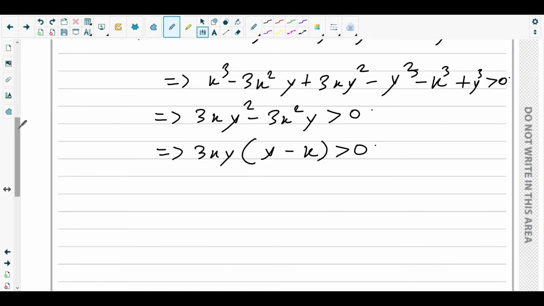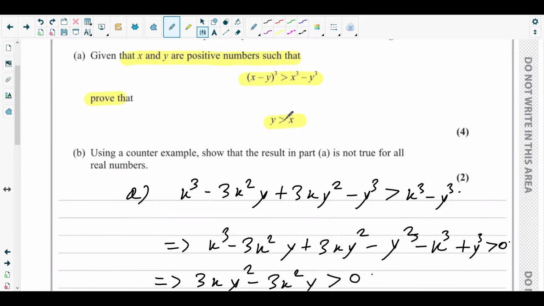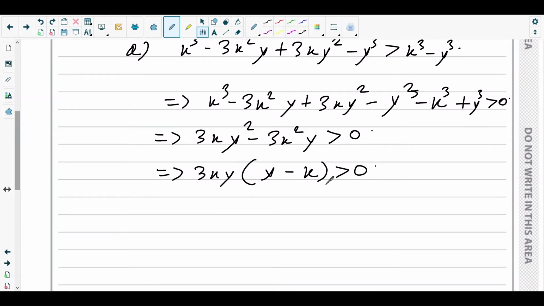Now how can we approach the final proof, our conclusion that y is greater than x? Have a look at this inequality. We can say that here x and y are both positive, right?